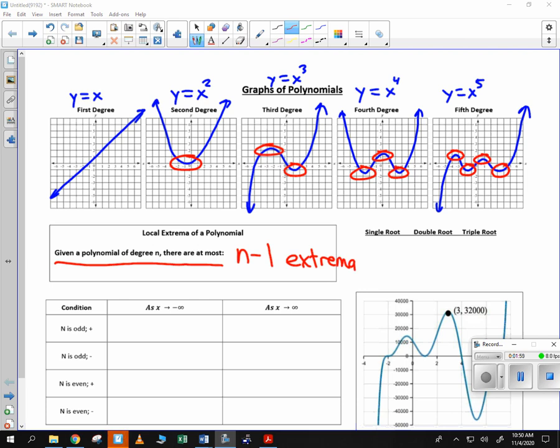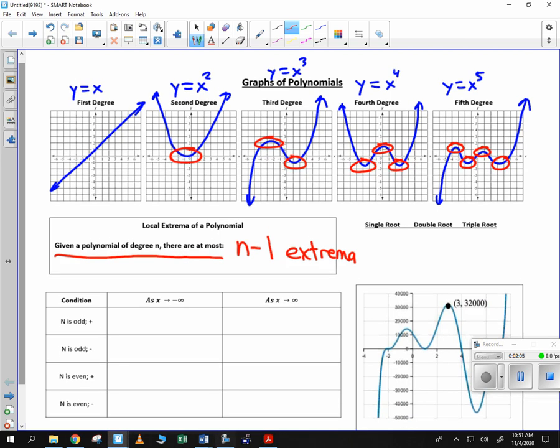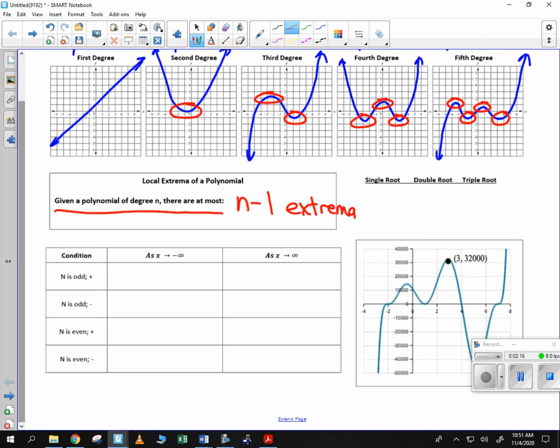Okay. And part of what I want to talk about is the degree of the polynomial. Let's start by looking at the odd polynomials. So odd, odd, and odd, because we have first degree, third degree, and fifth degree. And we write it like this.